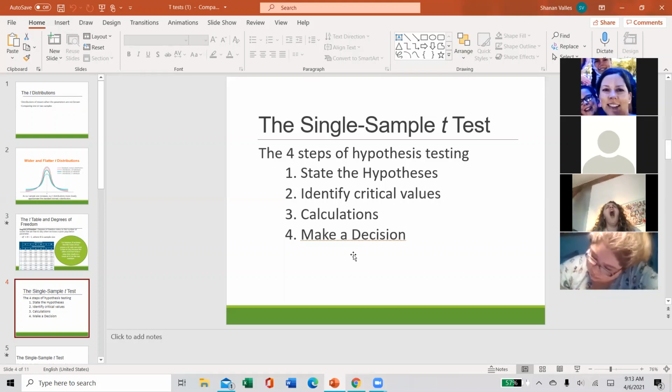So step 1, we always want to state the hypotheses. That's plural right there. You want to state the null hypothesis and the alternative hypothesis. The purpose is that once we make a decision of ultimately either rejecting or failing to reject the null hypothesis, and we have to write a conclusion, it's easier to state that conclusion once you have stated the hypotheses.